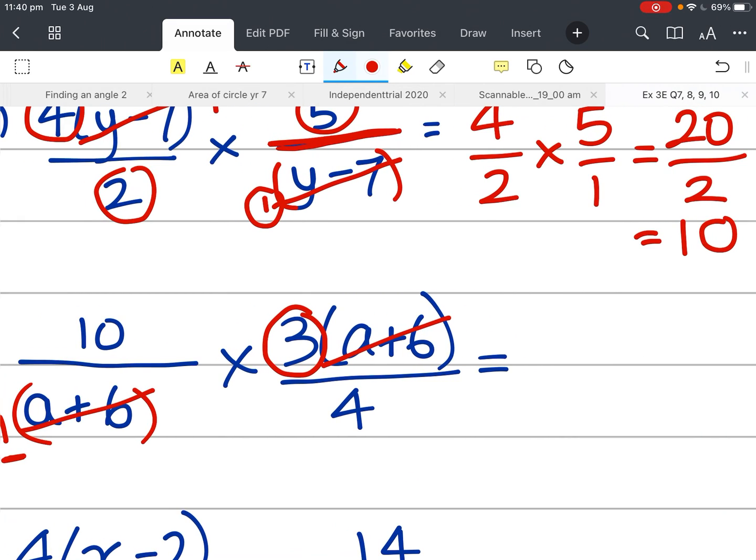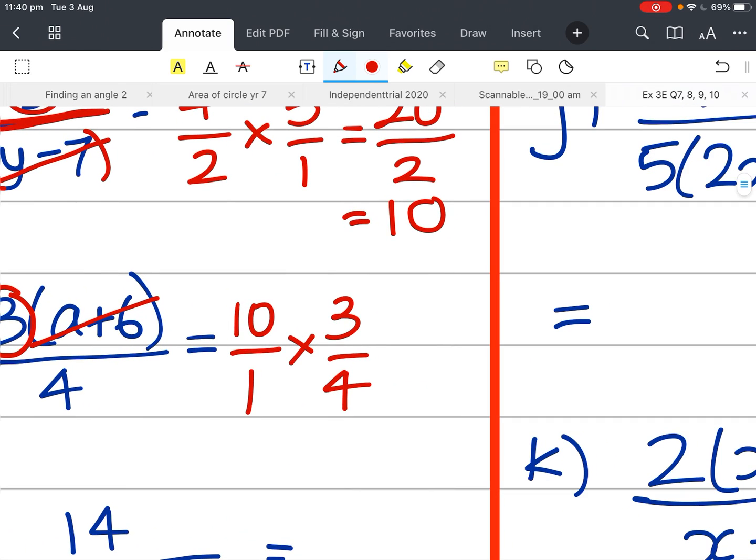Okay, so let's just multiply across, shall we? I'm going to rewrite what I've got. So I've got 10 over 1 times 3 over 4. So 10 times 3 gives me 30. And 1 times 4 is 4. What does that equal? Well, 30 over 4, you can use your calculator. I'm going to do that right now, if I can hold on to my calculator.